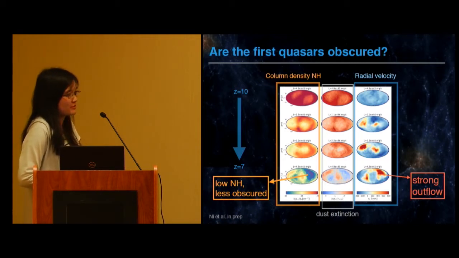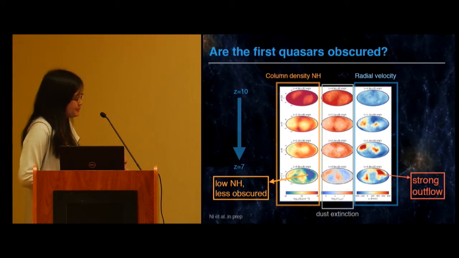This is a single object, but different physical quantities. So this column plots the column density NH along different lines of sight. Basically, the red area is the highly obscured direction, and the blue area is the low obscured direction. And in this column, we plot the radial velocity of the gas in each line of sight.